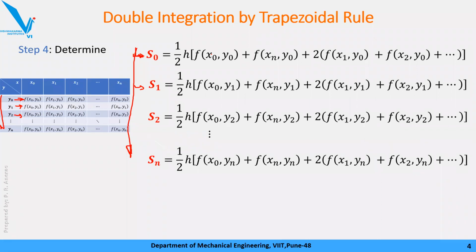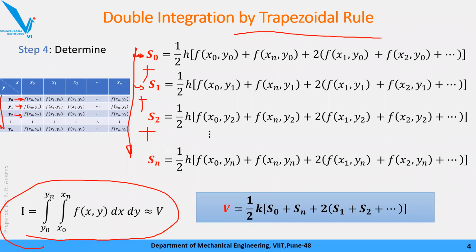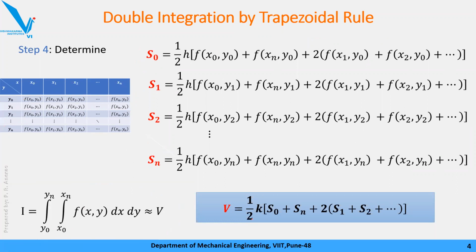But our actual problem is the integration of two variables. So that means we need to add them together, s0, s1, s2, sn, we have to add. But again we are going to refer to the trapezoidal rule, in which we are going to add these s values using the same format of trapezoidal.